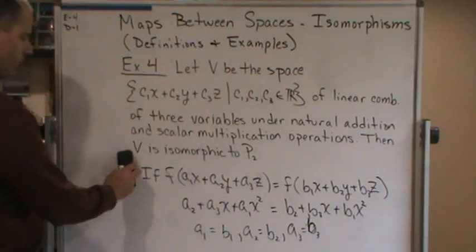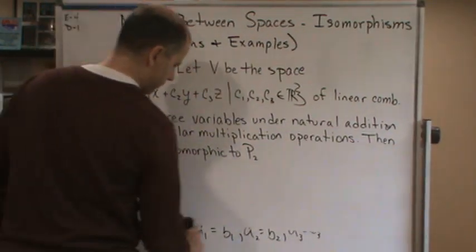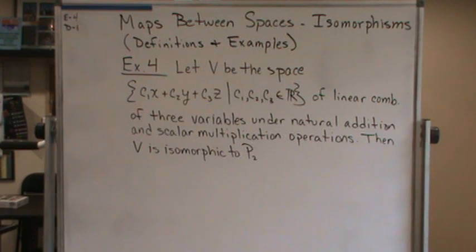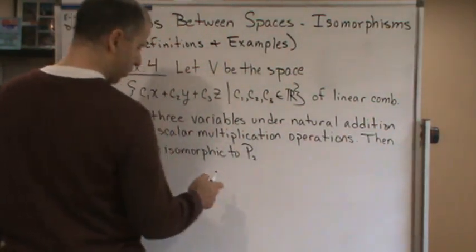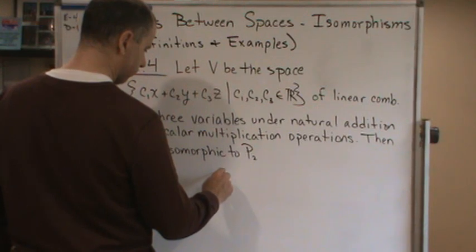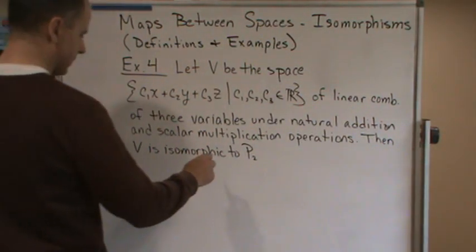Now let's show onto, right? So now let's take any member of the codomain, right? So if we take any member of the codomain, which is going to be, how do we want to write that?